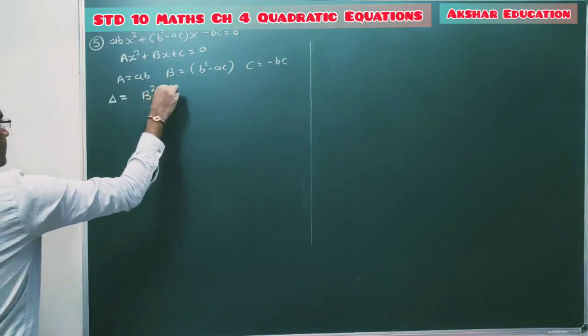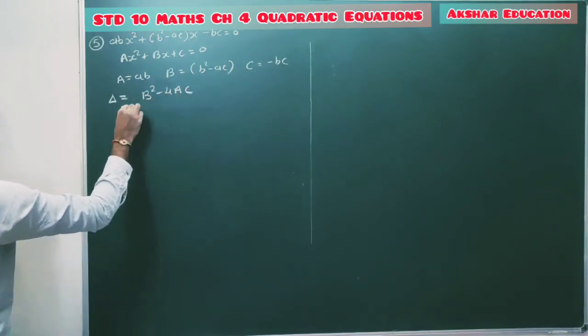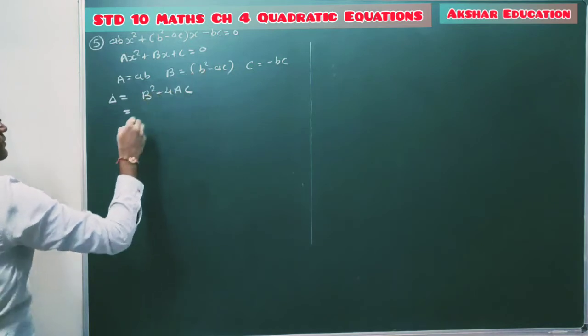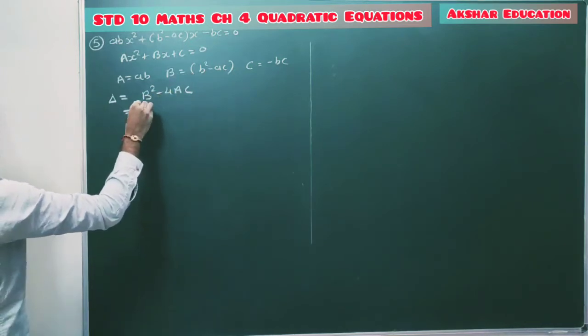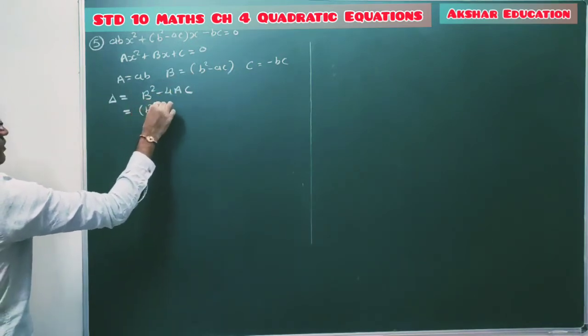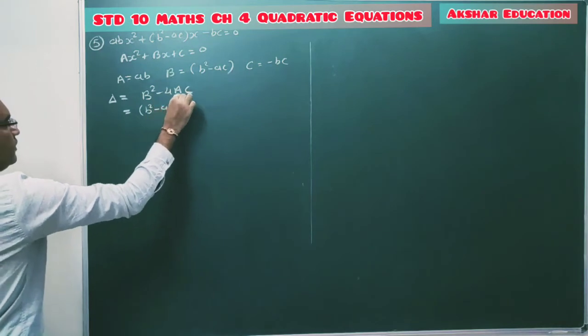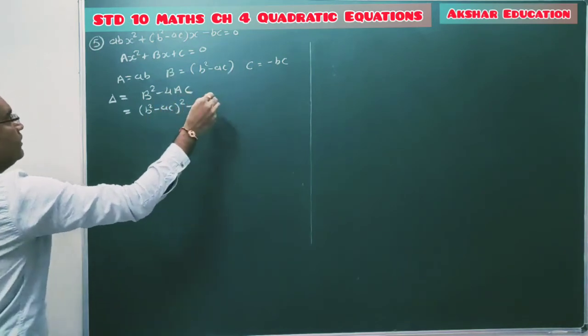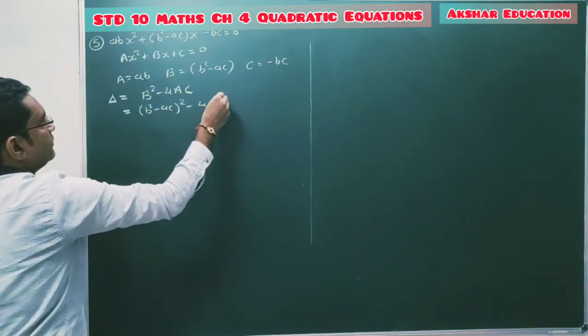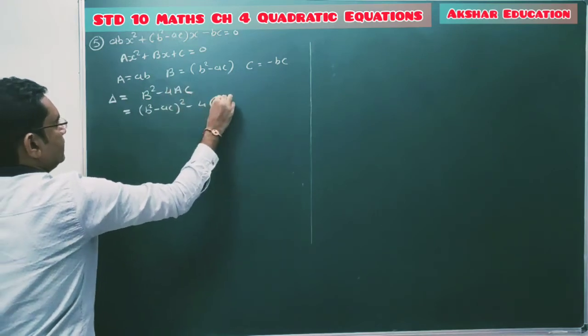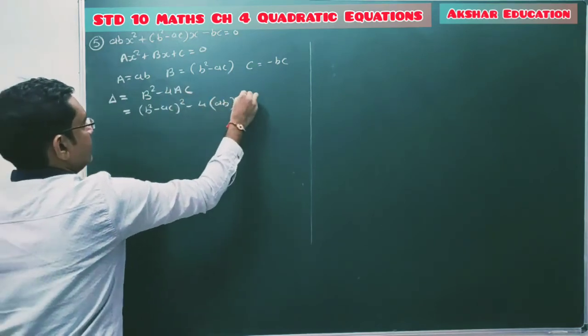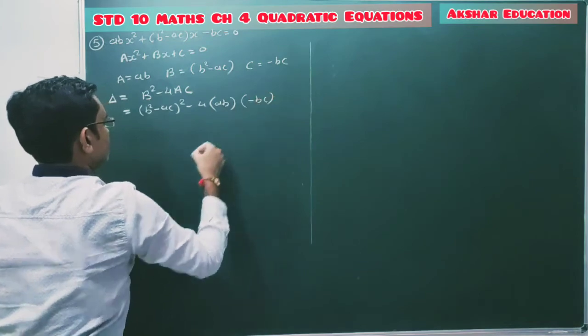So B square minus 4AC, and this is equal to b square minus ac whole square minus 4AC. A is ab and C is minus bc.